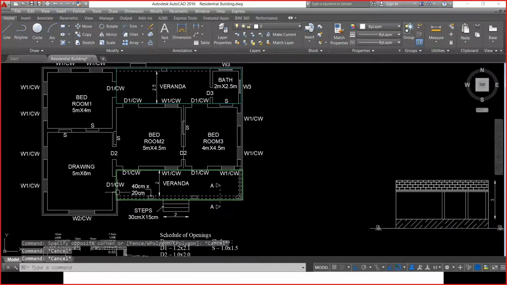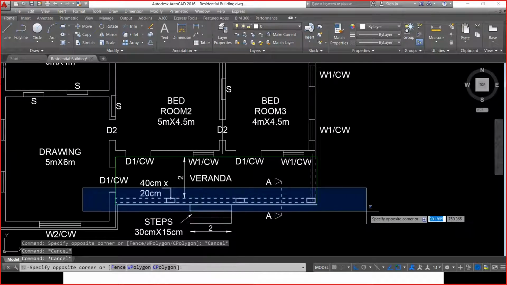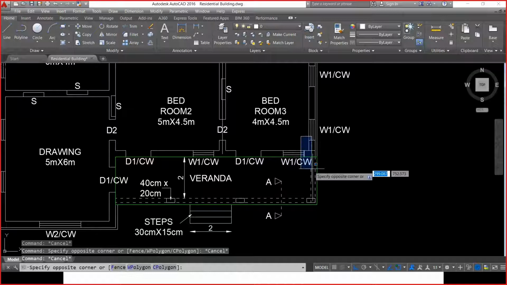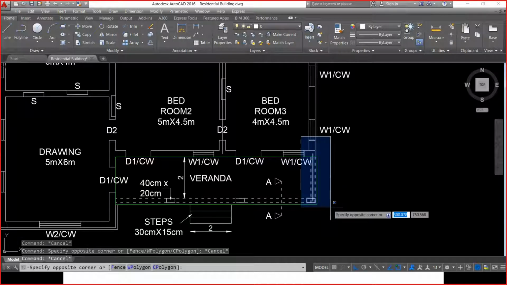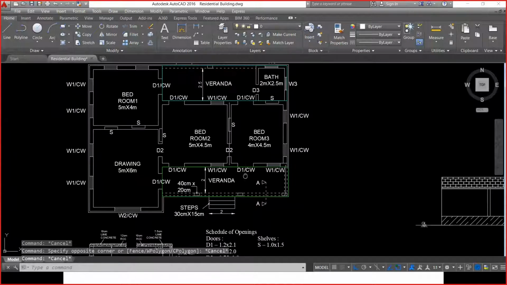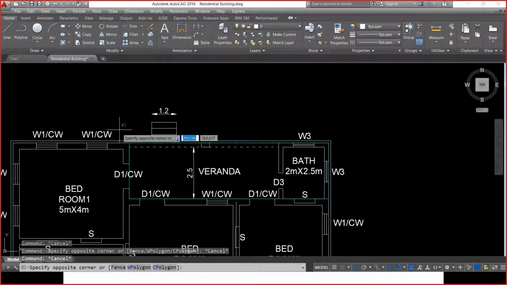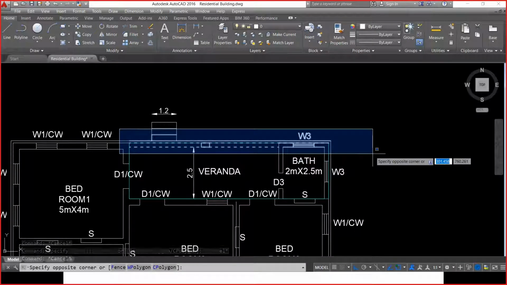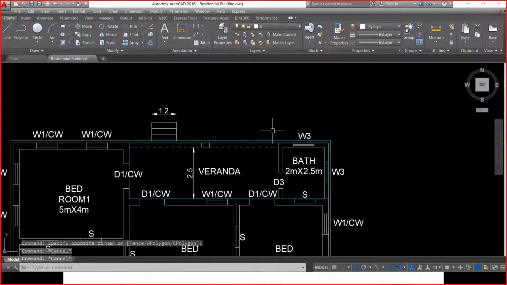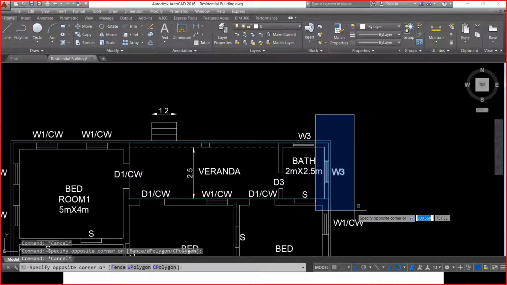I just have to consider the length of this wall, which is indicated in dotted line as the long wall, and this wall which is indicated in short dotted lines as the short wall for the front veranda. Similarly, if I go to the back veranda, I have one long wall which is indicated in dotted lines, and I have one short wall over here, the partition wall for the bathroom, and another partition wall for the bathroom.